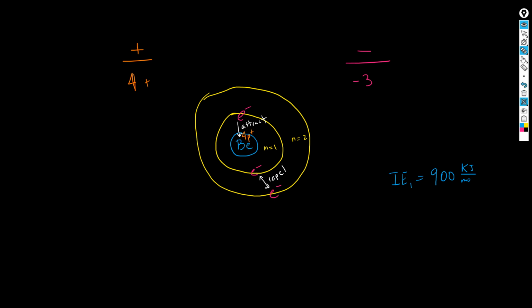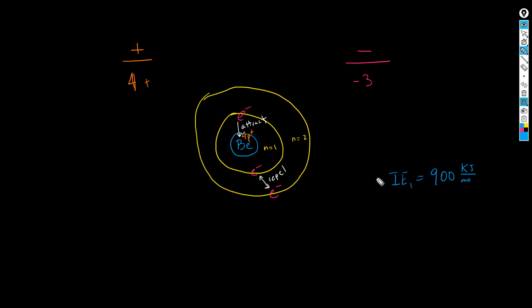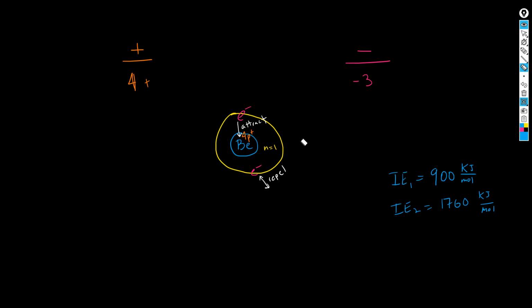So the second ionization energy for beryllium is 1760. So IE2 is 1760. Why is it larger? Simply because the attraction is now greater and the repulsion has gone down. Well, when we get rid of this electron, because we always remove electrons from the outside in, not only are we removing that electron, we're also removing the whole second energy level.